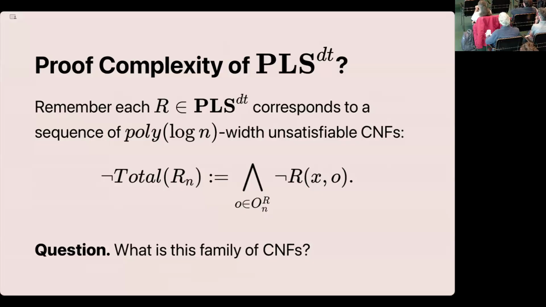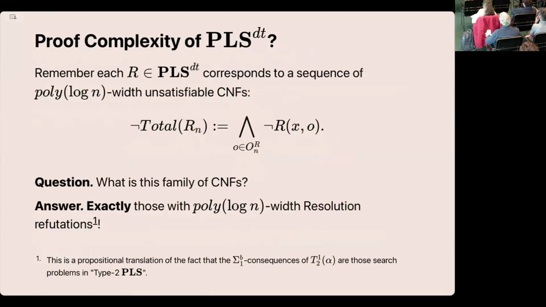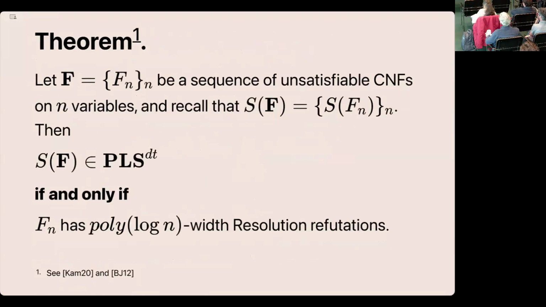And we can ask, what is this family of CNFs? And the answer is exactly those with polylog n width resolution refutations, right? And so in particular, to prove that I'm not in here, you can actually just prove a width lower bound on these formulas. And so I was originally going to prove this.